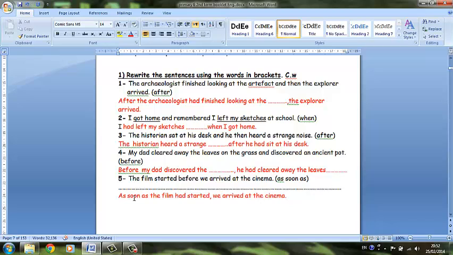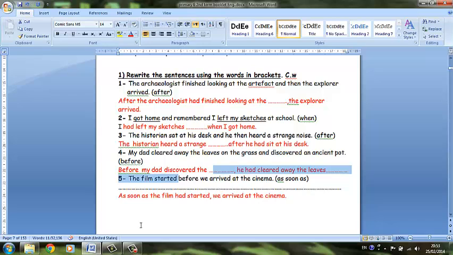Okay, so let's see what we are going to write. The film started before we arrived at the cinema. Do you remember what we said about before? The first action, the main action, happens before it, and the second action happens after it.